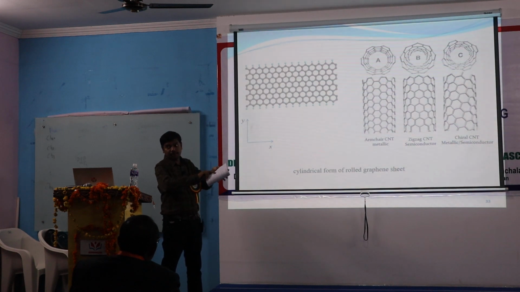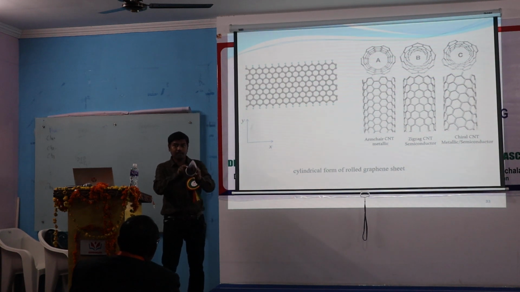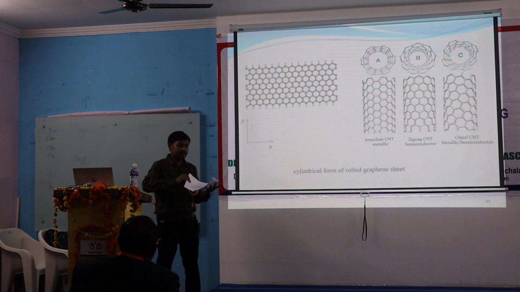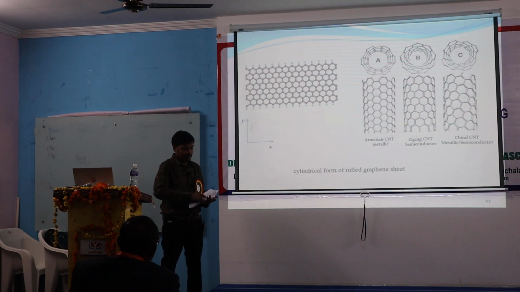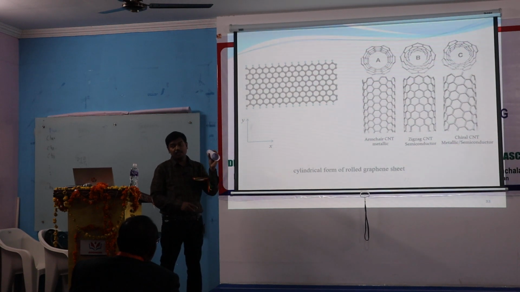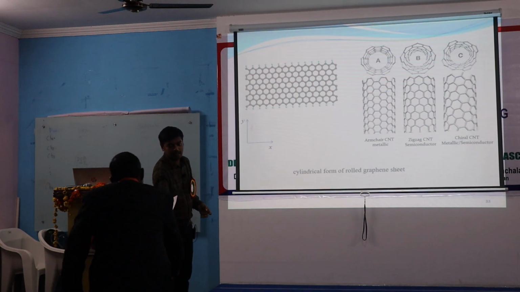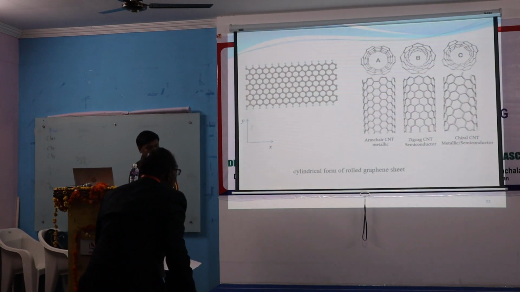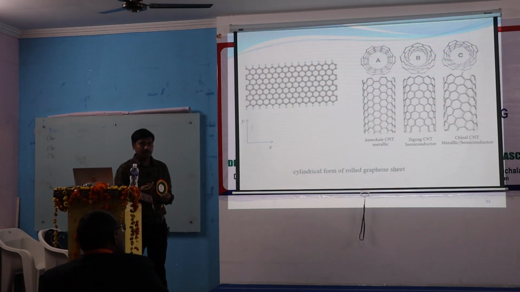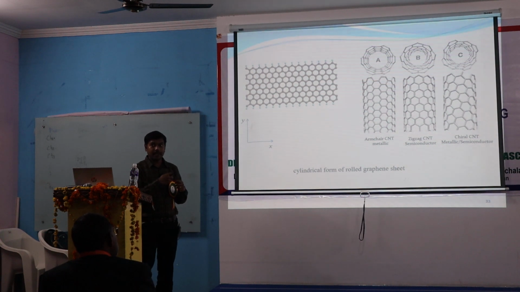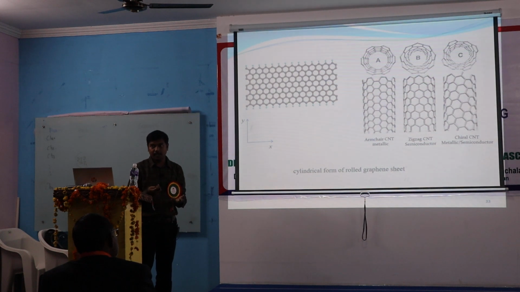You hold like this, it will look like a zigzag CNT. You hold like this, it will look like a chiral CNT. Then he understood what I was saying. The same thing I placed here: depending on the angle of rolling, you can define three types of CNTs.